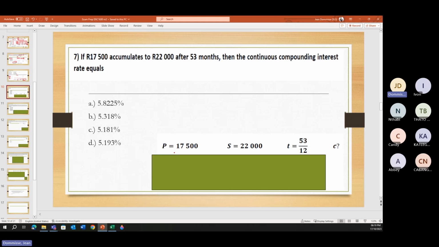Okay, let's look at the next question. Here we're looking at continuous compounding, where we need to work out the C, so we need to work out the interest rate.